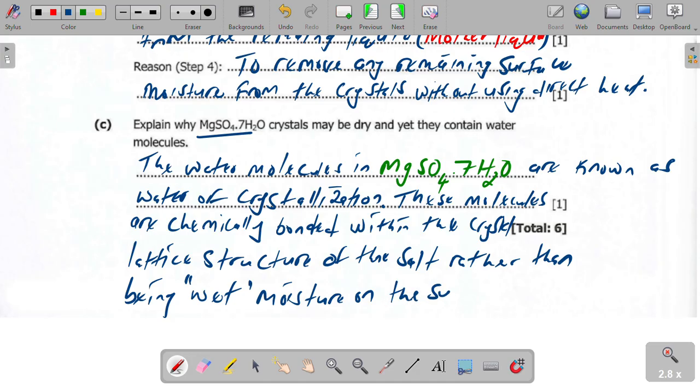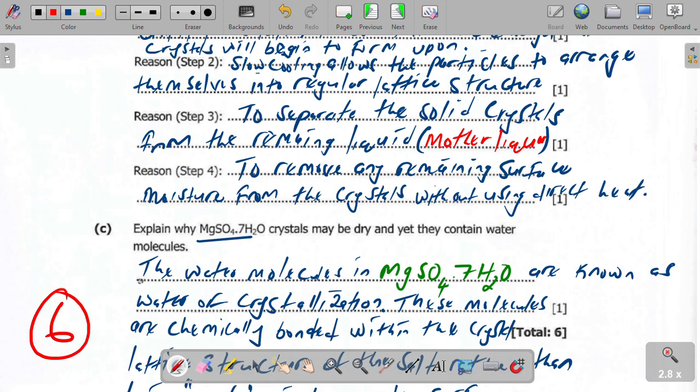Copy this down. So because of this, water is part of the solid's internal structure, and the crystals feel and appear dry to the touch. Okay, so this is your reason. Make sure that you write everything down for you to get your full marks. Everything we have answered is 6 marks, so you cannot afford to miss any of the 6 marks.